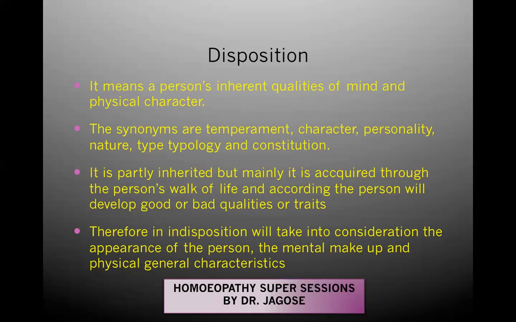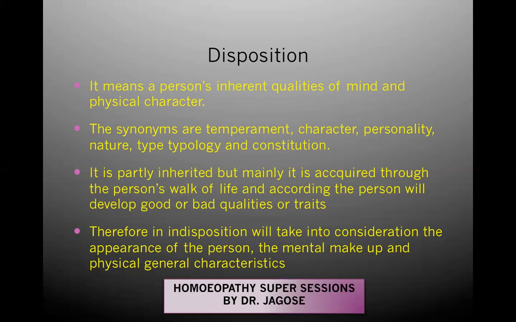So disposition to a small extent is partly inherited, but the majority of it is acquired, depending on how the patient is brought up in life, and accordingly what character or what type of personality he will exhibit. The personality traits could be good or bad, or the qualities which he develops could be good qualities or bad qualities. It all depends upon the upbringing of the child, of the person.